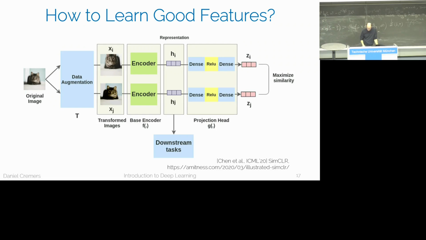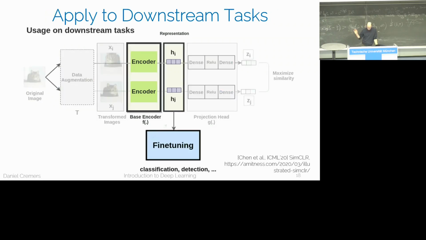Right? And then the idea is, so this is trained, and all you have is one image, and you augment and say the features should be such that I have similarity in the encoding, so that the representations are similar if the images are taken from the same object. And then in your application, you throw away the projection head and you just fine-tune.